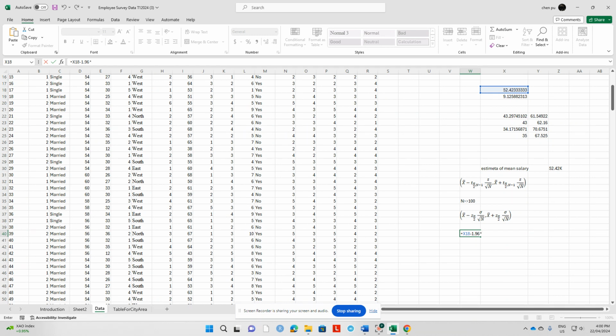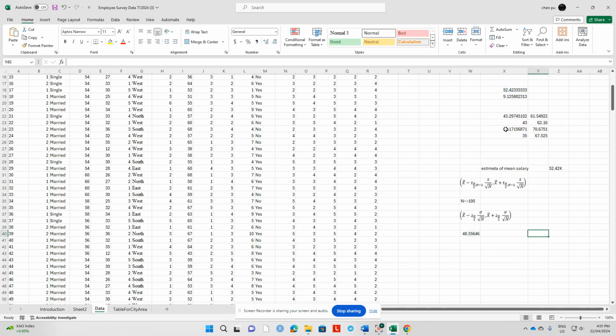You need to remember this one number. Then what is the standard deviation? Standard deviation is this one, divided by the square root of how many? We have 300 data points. So this would be our lower bound of the confidence interval.